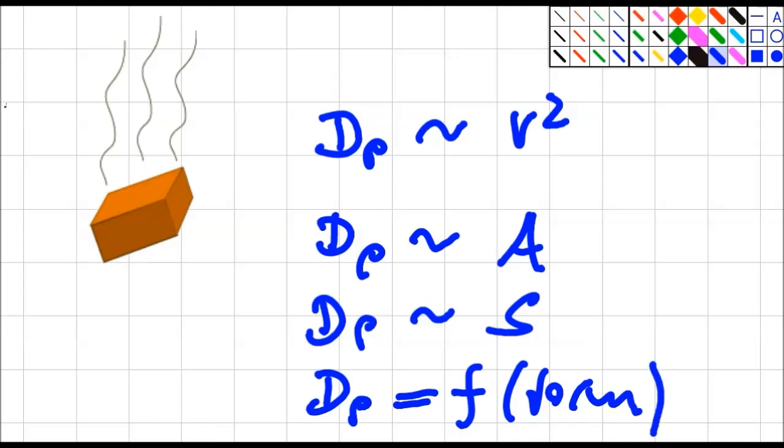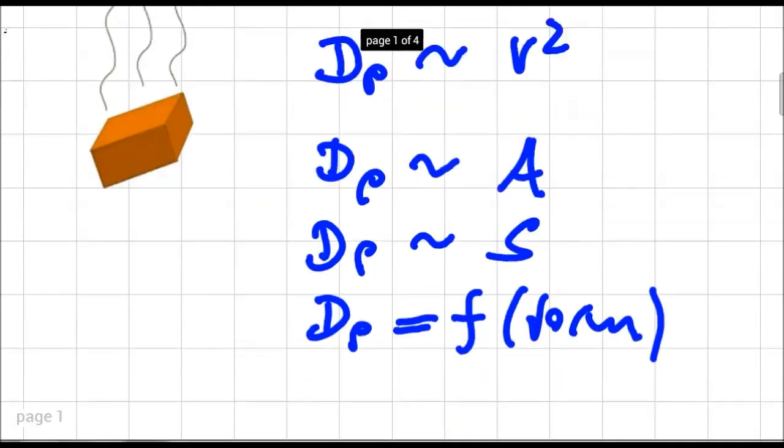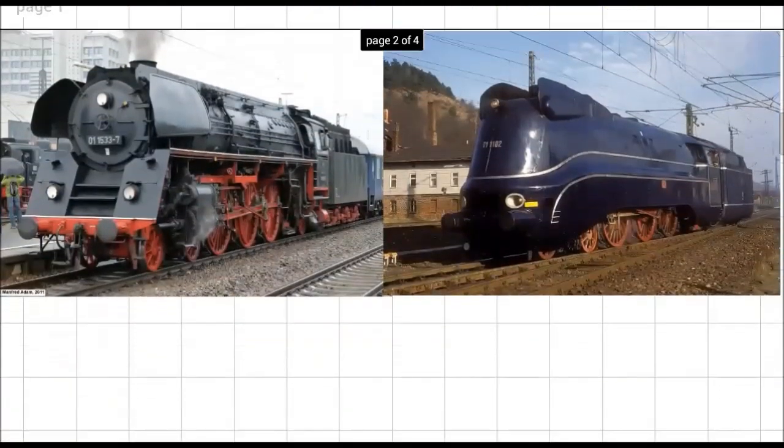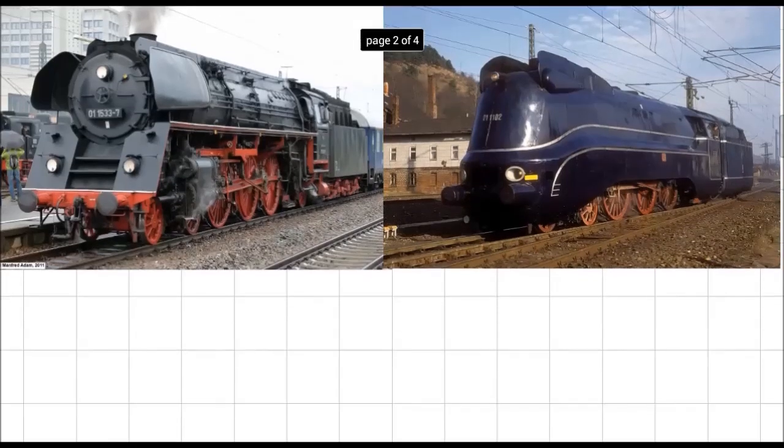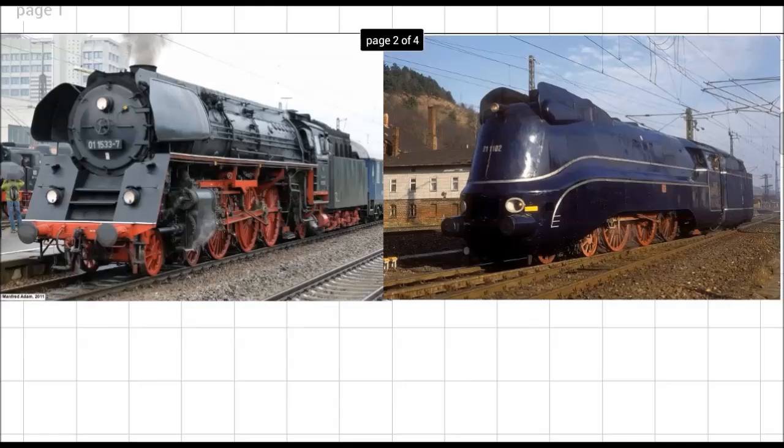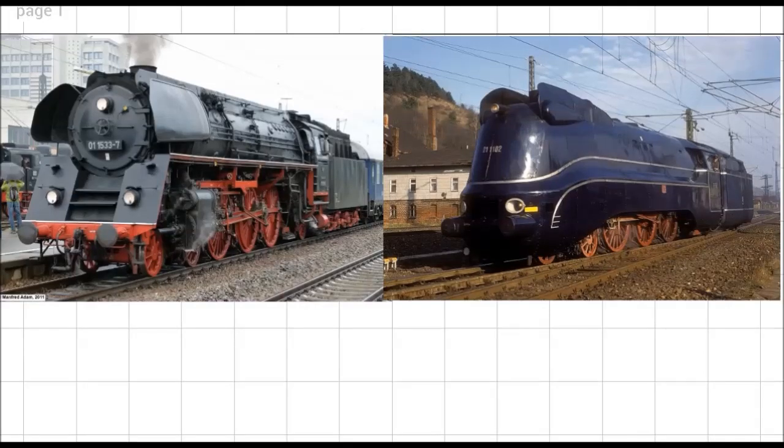So let's start with the last one. Let's look into the form of the object. Now this is an example from the 1920s, 1930s of the last century, or 90 plus years ago. The left steam locomotive and the right steam locomotive are the same model, only the right locomotive is covered by a streamlined skin.